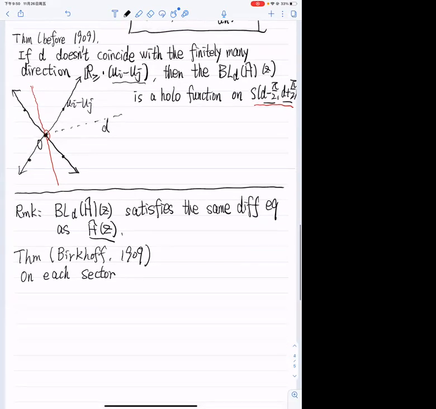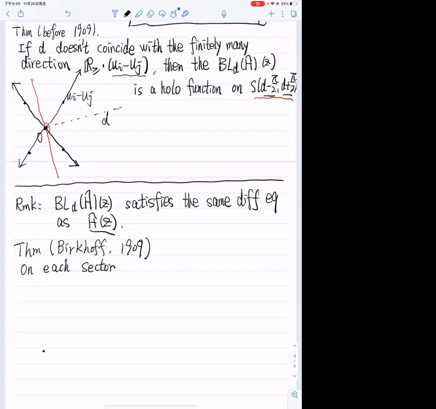Let me redraw this graph. So recall that the configuration of U, the diagonal matrix U, determines the way we cut the complex plane. And then we can label these sectors. For example, I can call this sector 1 or 2 or I, and then I label the next one by I plus 1 and so on. So each of these sectors is bounded by 2 adjacent directions.